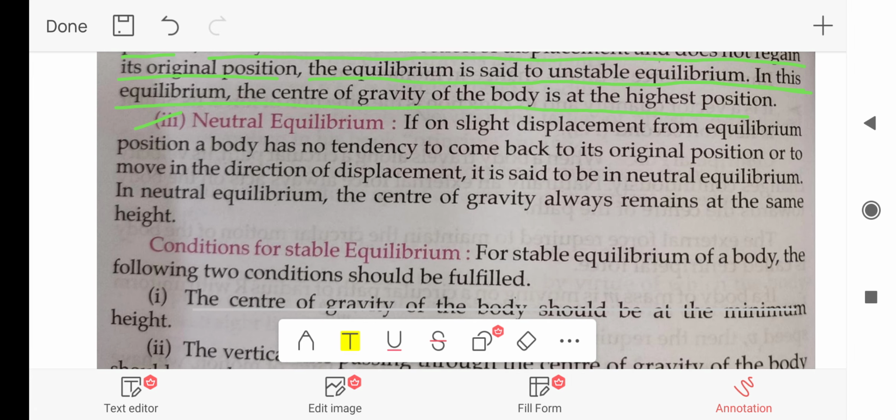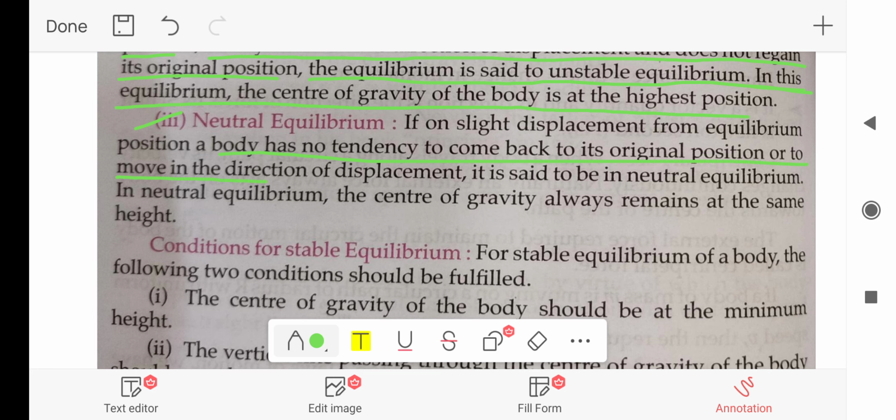If on slight displacement from equilibrium position, a body has no tendency to come back to its original position or to move in the direction of displacement, it is said to be in neutral equilibrium. In neutral equilibrium, the center of gravity always remains at the same height.